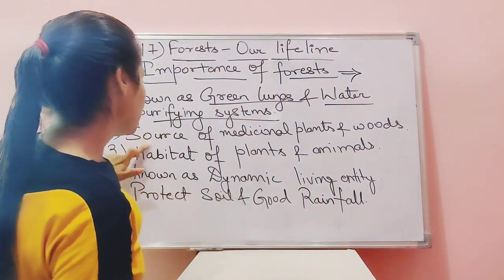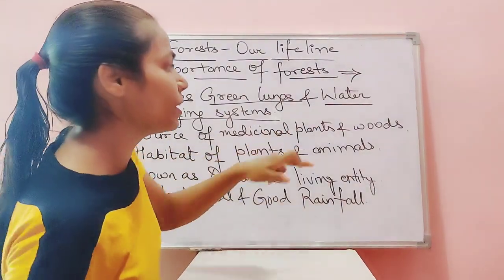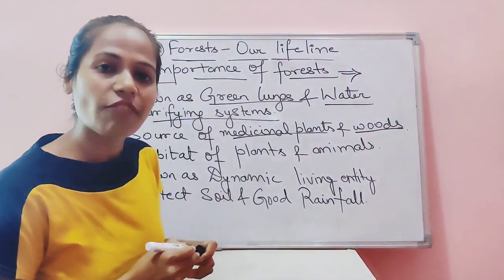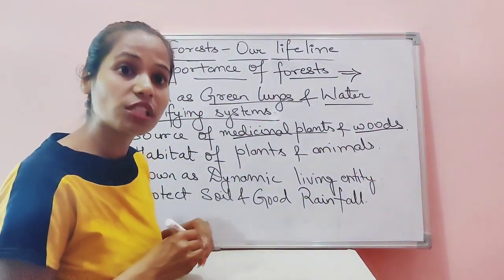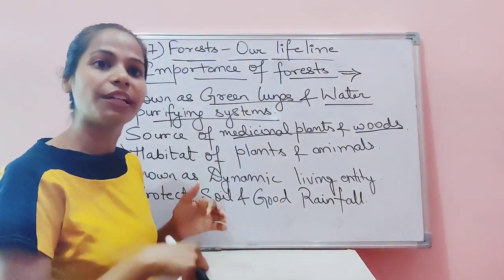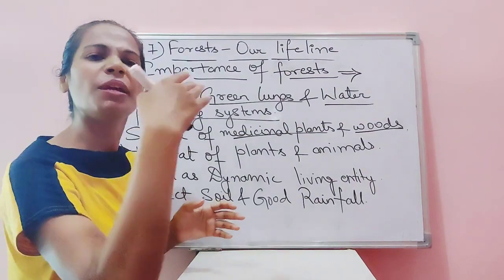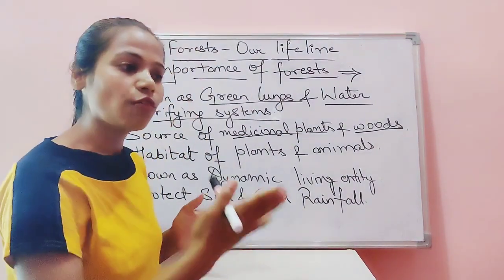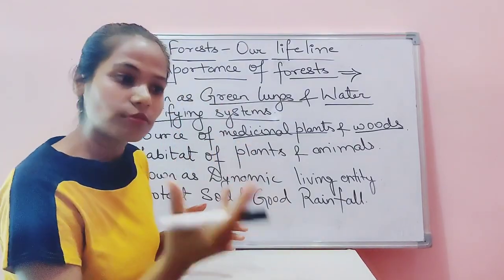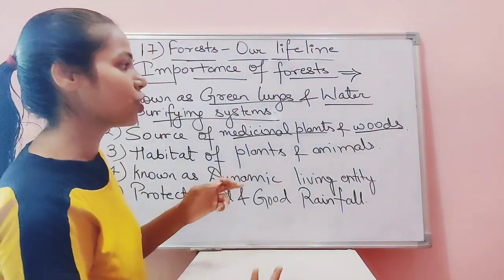Okay, it is known as source of medicinal plants and woods. Children, you must have observed that the neem, tulsi, etc. plants we are utilizing for medicine, and there are many other medicinal plants which are utilized by the scientists for the formation of medicines, children.